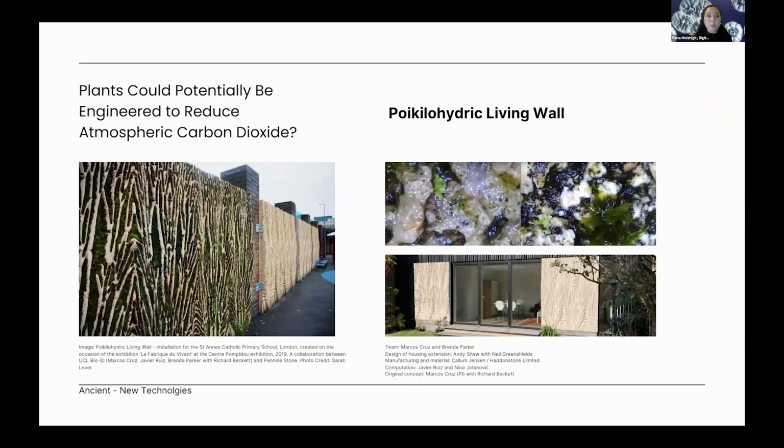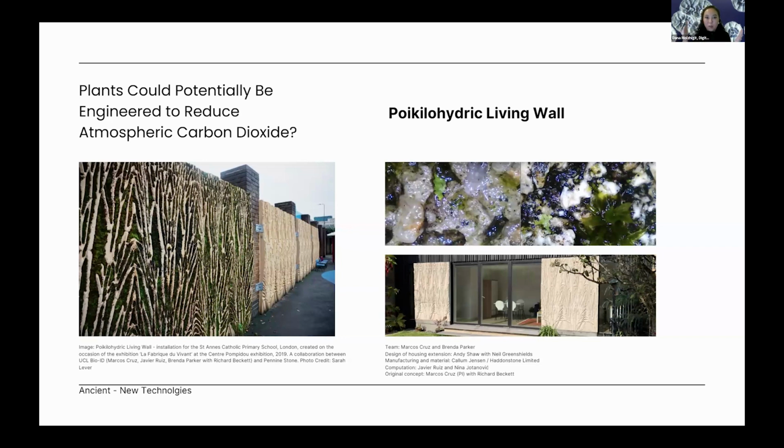Another project by our professors, again Marcus Cruz and Brenda Parker, is the Polyhydric living wall. The question for you would be, could plants potentially be engineered to reduce atmospheric carbon dioxide? As you know, we have more vertical spaces than horizontal spaces.